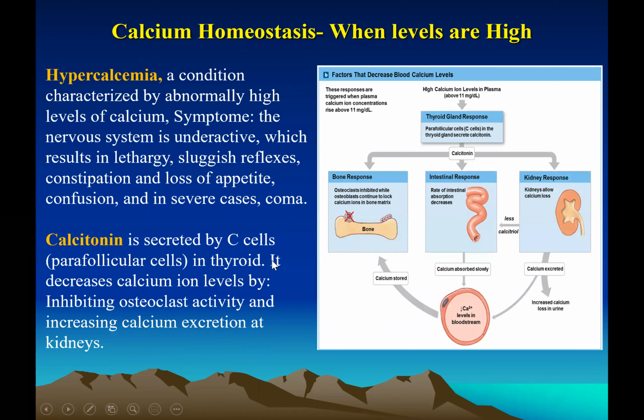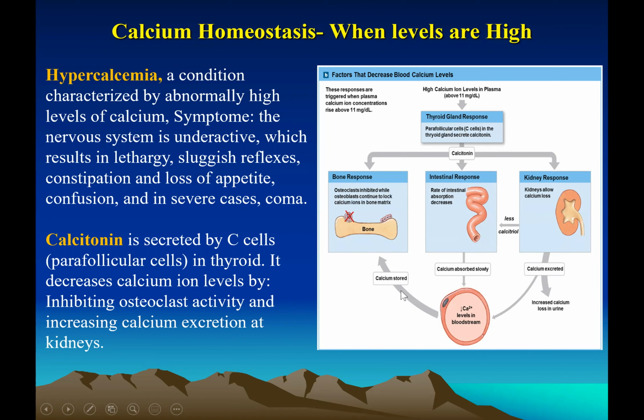On the other hand, when your calcium levels are very high, above 11 milligrams per deciliter of blood, then the parafollicular cells in the thyroid gland are stimulated to secrete a hormone called calcitonin. So calcitonin is going to tone down or reduce the amount of calcium in your blood by reducing absorption in the intestines, increasing excretion in the kidneys, and inhibiting osteoclasts.